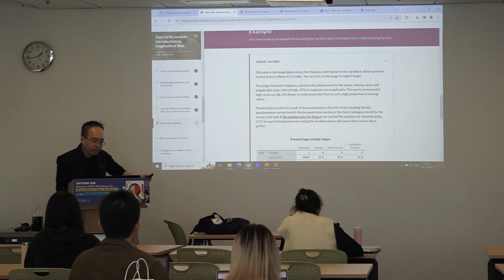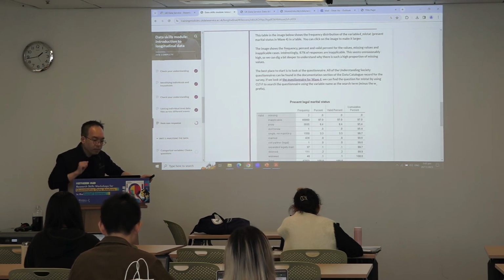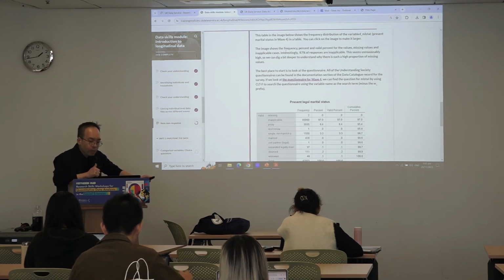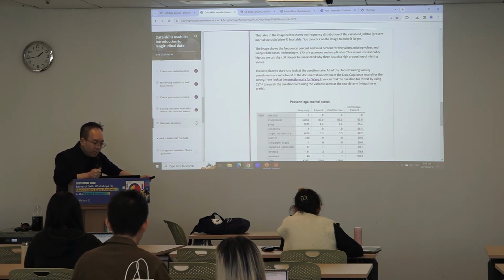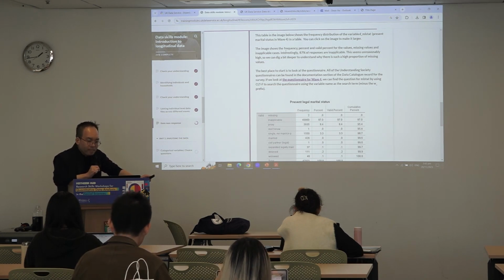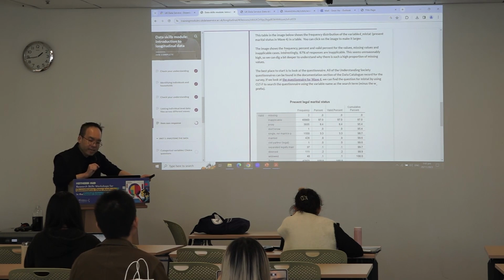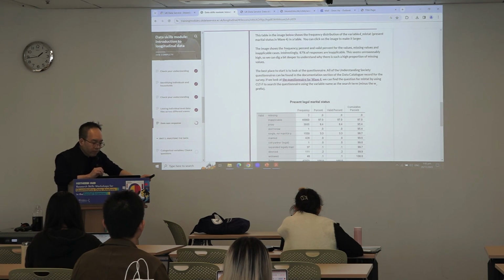If we look at the frequency, percentage, and valid percent for the values, missing values, and inapplicable cases, we can see that 87% of responses are inapplicable. This is very alarmingly large, okay? So we dig a little bit to understand why there is such a high proportion of missing values. So you understand the questionnaire, that's where we got started.